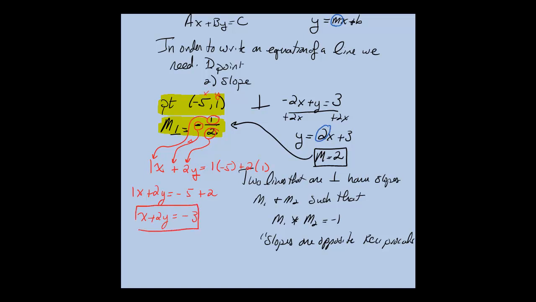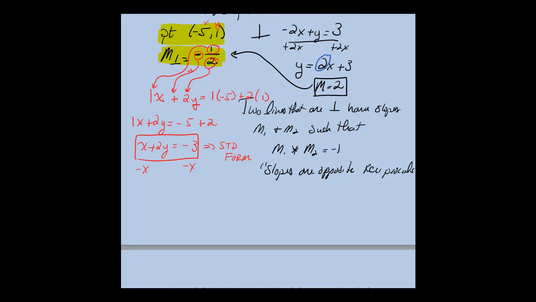That's absolutely okay because it doesn't give a specific requirement for the form. And this is standard form, because your variables are on the same side. However, if you want to solve for slope-intercept, you're going to have to isolate the y. So we're going to subtract x on both sides, and by doing so, we will cancel the x's over here. So we're going to have 2y is equal to negative x minus 3.